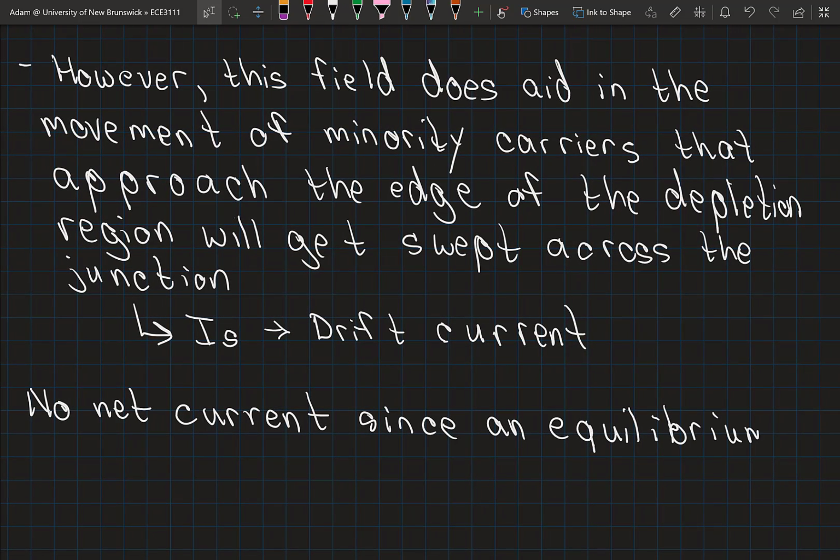If you imagine this diode or PN junction sitting just on a benchtop, we have no means of having a sustained current flowing from one terminal to the other without some external source connected. So these two currents must reach an equilibrium, and there must be no net current. No net current, since an equilibrium condition exists. It must exist.